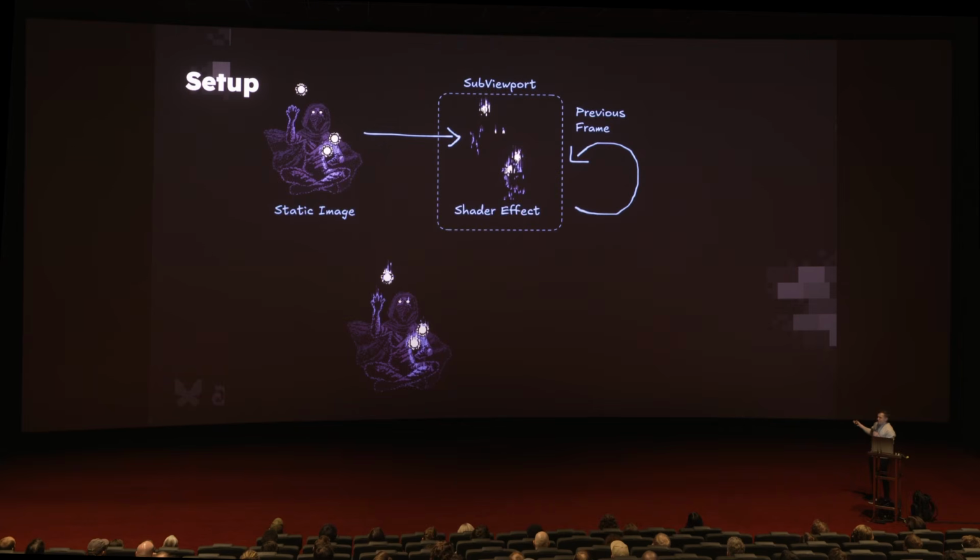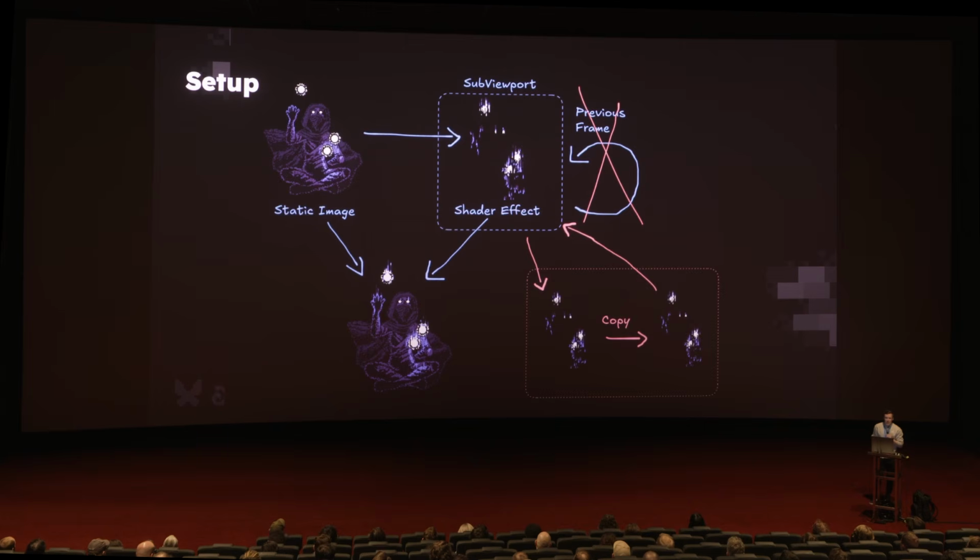But let's look at my setup for this. So we have a static image, a subviewport where we render the shader for the effect. And most of my effects are iterative. So we use the texture from the subviewport from the previous frame and then combine it to have the full effect.